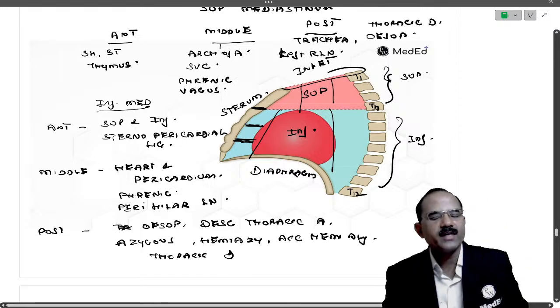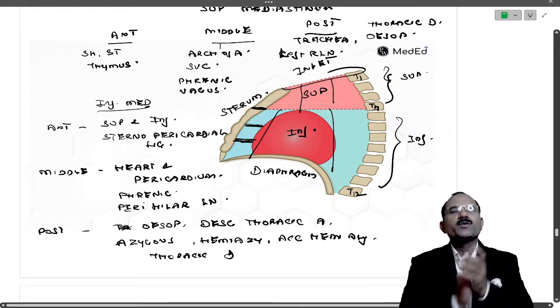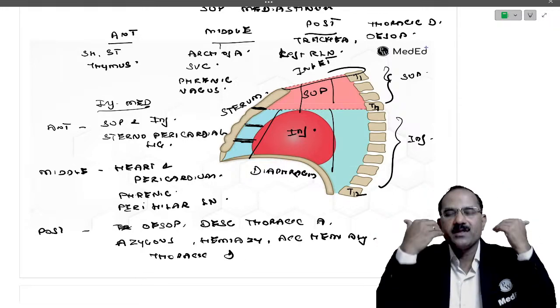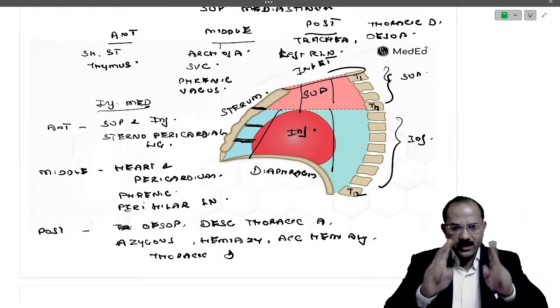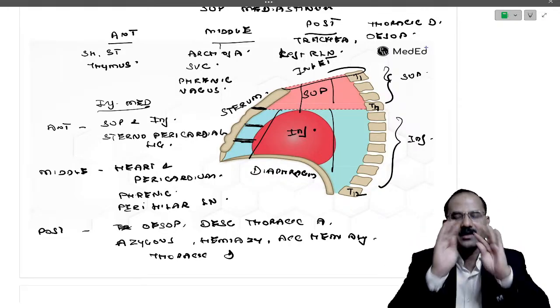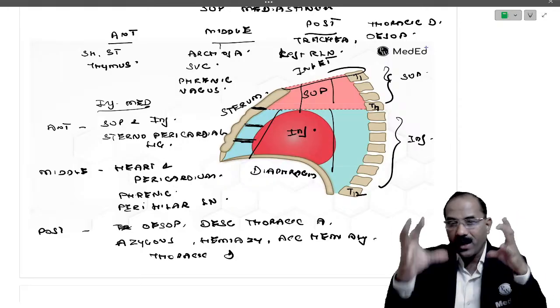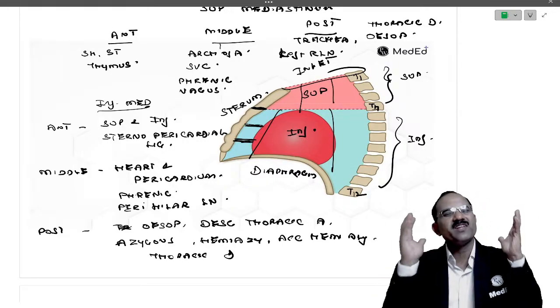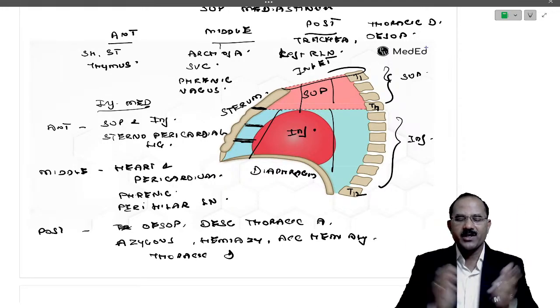So just in short, I've told you. In the inferior mediastinum, anterior part, you get the superior and inferior sternopericardial ligaments. In the middle part, we get the heart and the pericardium. We get the perihilar lymph nodes because the hilum of the lung comes here. The phrenic nerve. Some books mention the vagus in the posterior part.